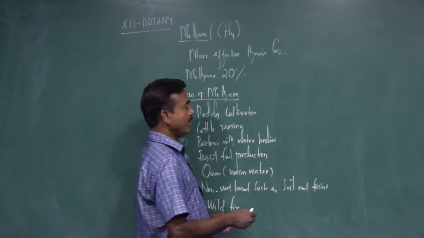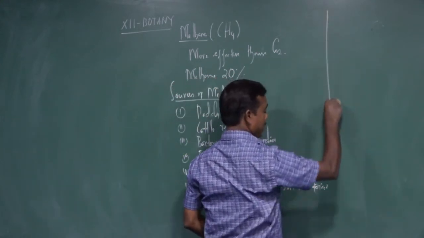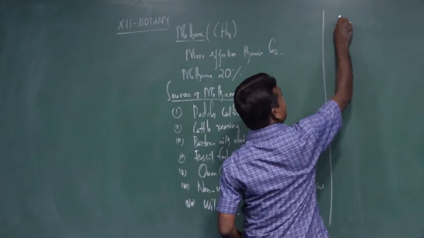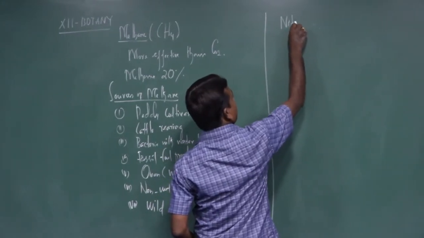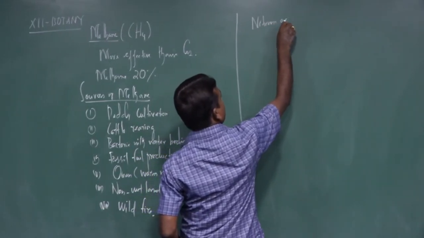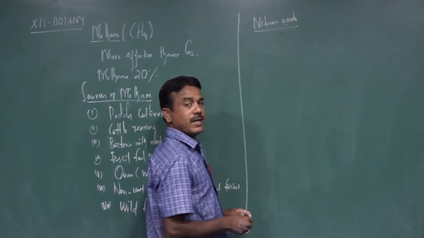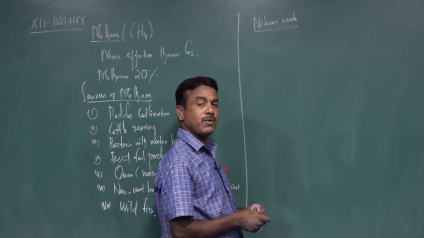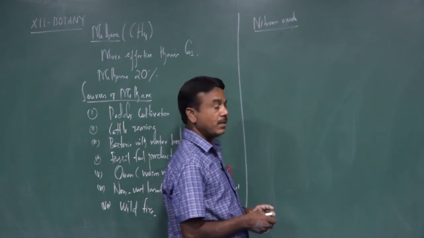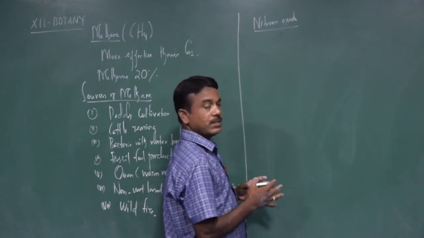Can I go to the next one, commonly called nitrous oxide. Nitrous oxide is also one of the greenhouse gases. What is that?